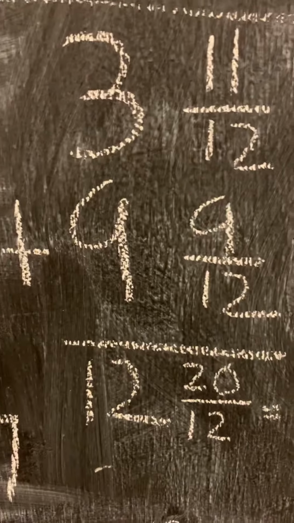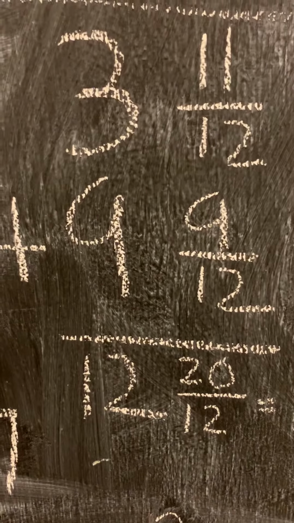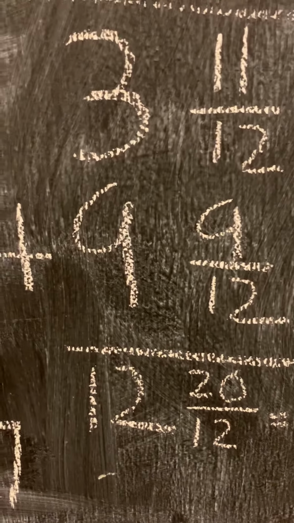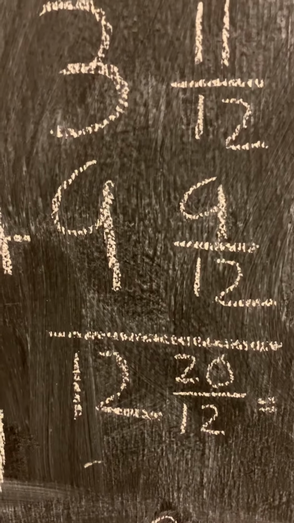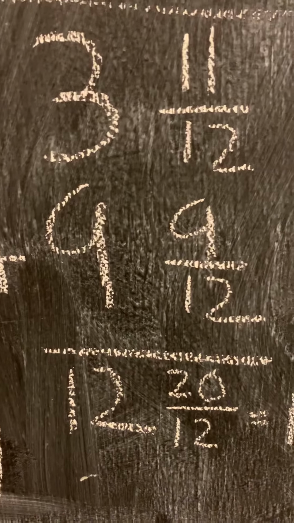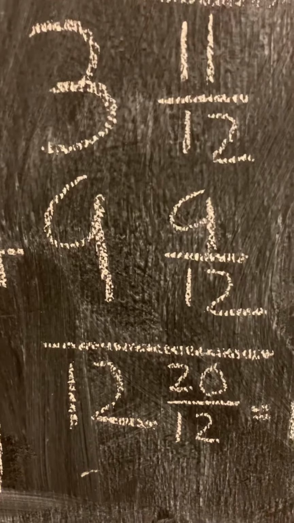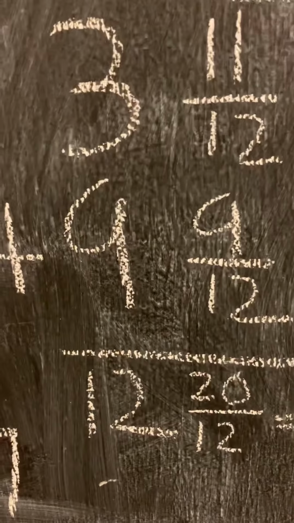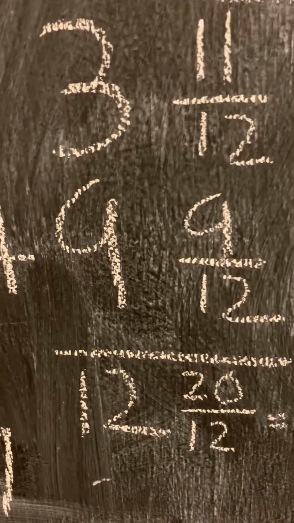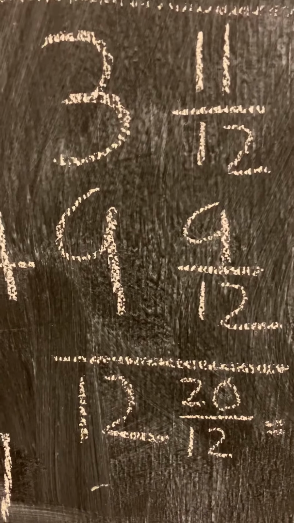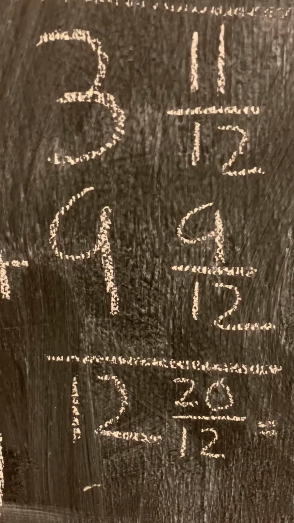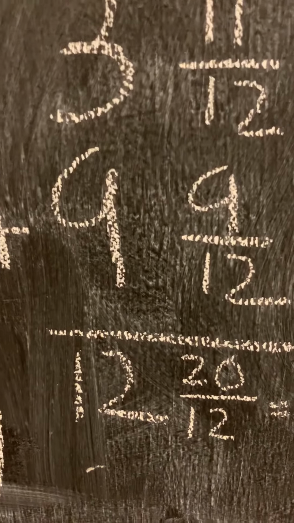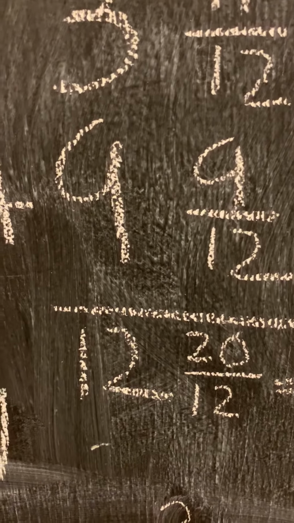Now you should recognize that this fraction, this 20/12, is greater than 1, isn't it? If it were 1 whole, it would be what? 12/12. But 20/12, we've filled up another whole, whether it's a pie or a bar or whatever it is.